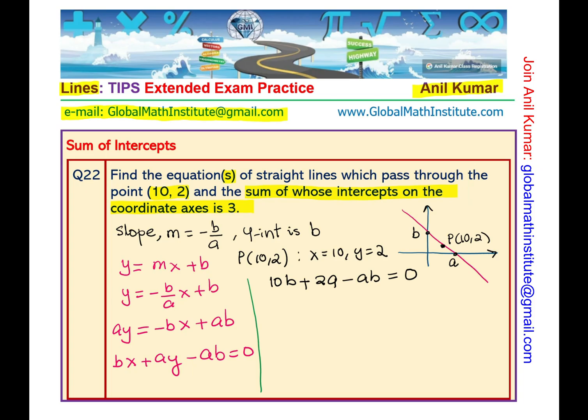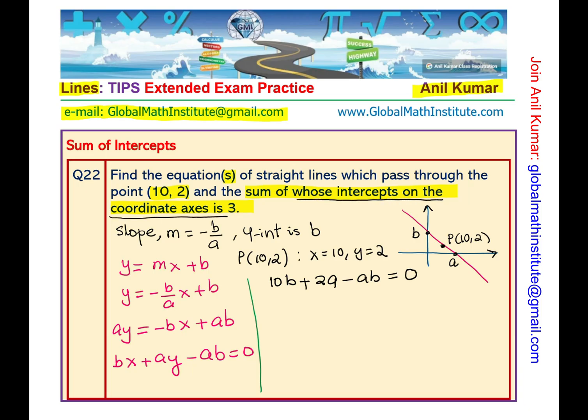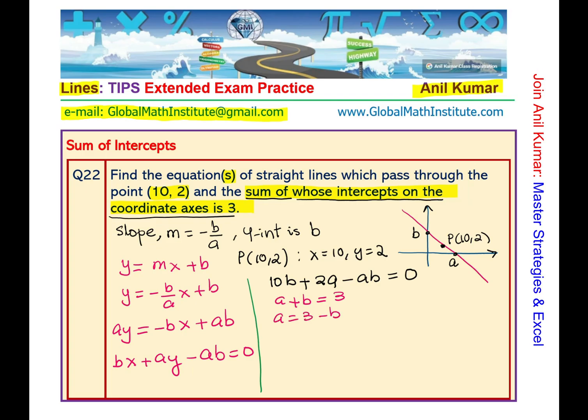Further, we are also given a condition that the sum of the intercepts is 3. That means a plus b equals 3. So we could replace a with 3 minus b. Substituting that, what do we get?